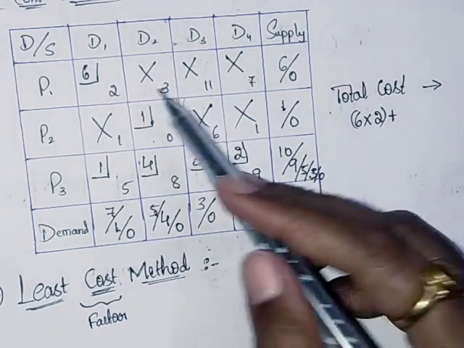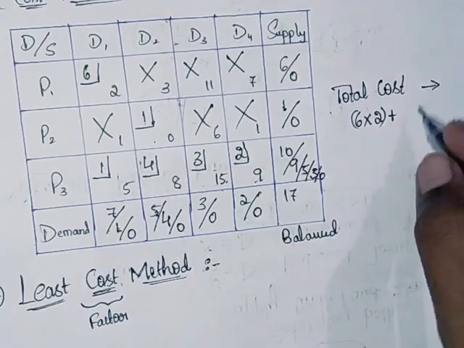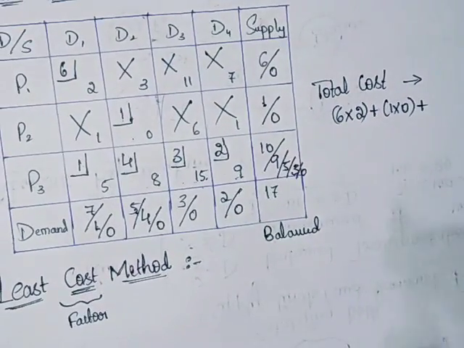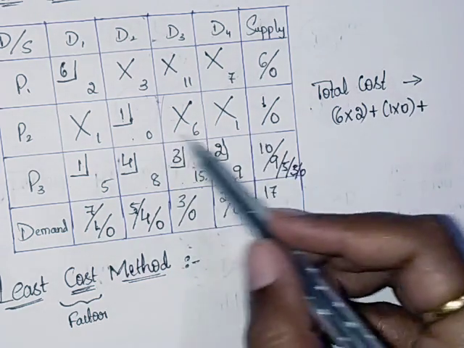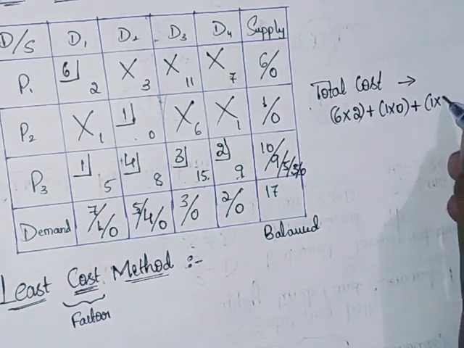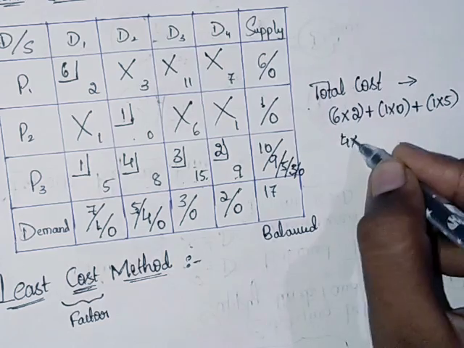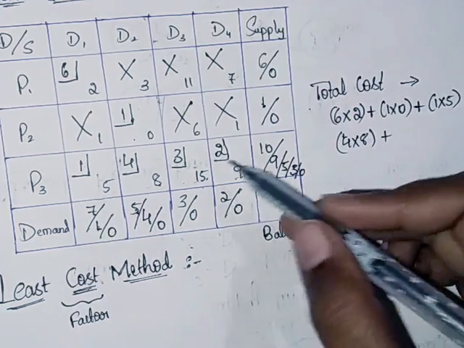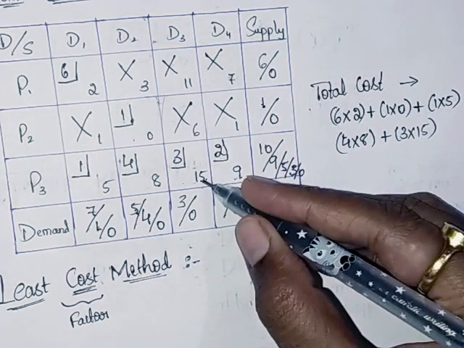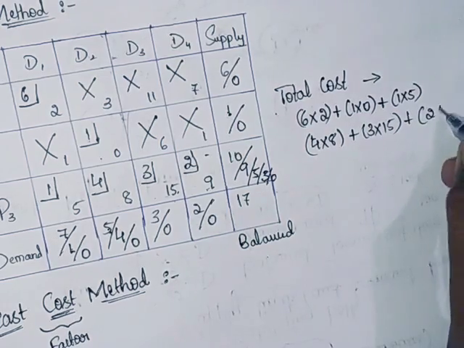Next, the complete row is crossed off, and in the next row, 1 unit at 0 rupees. Then the next complete row is crossed off, and in the next row, 1 unit at 5 rupees each, then 4 units at 8 rupees each, 3 units at 15 rupees each, and 2 units at 9 rupees each.